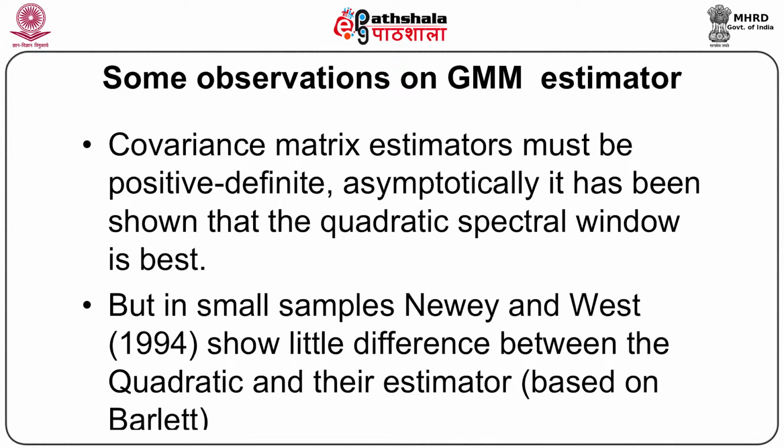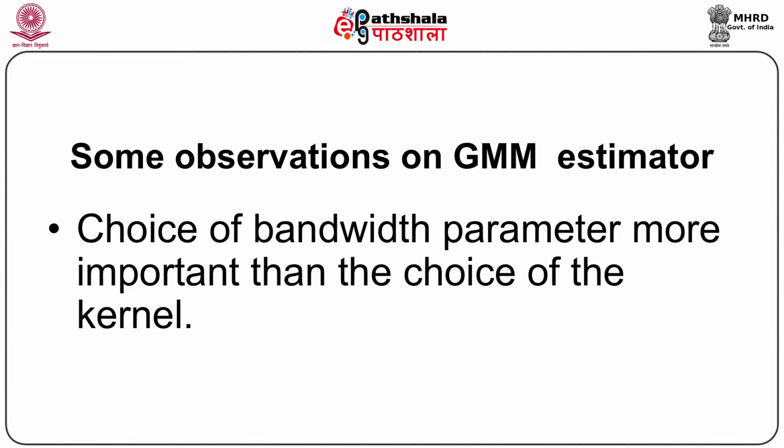Secondly, in small samples, Newey and West (1994) show that there is little difference between the quadratic estimator and their estimator based on the Bartlett function. Now, the choice of the bandwidth parameter is more important than the choice of the kernel, as Newey and West and Andrews state.